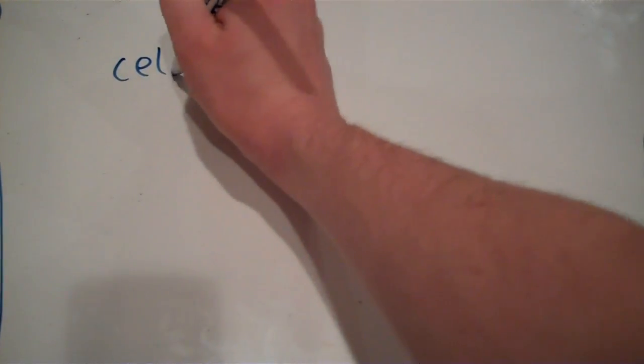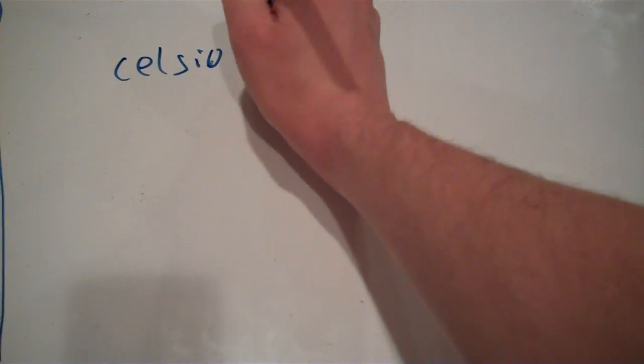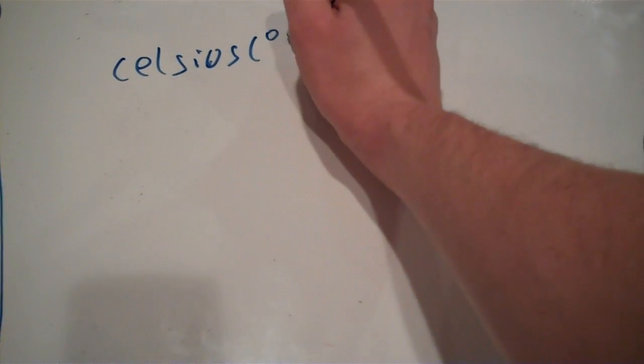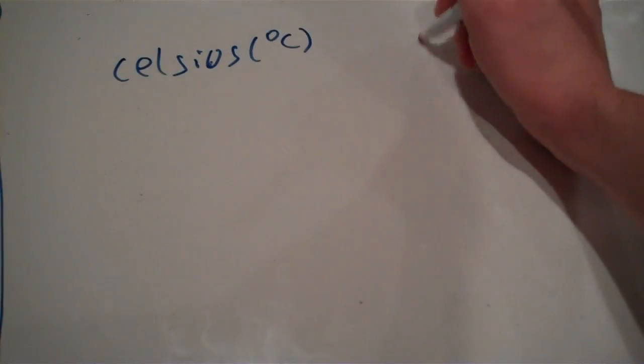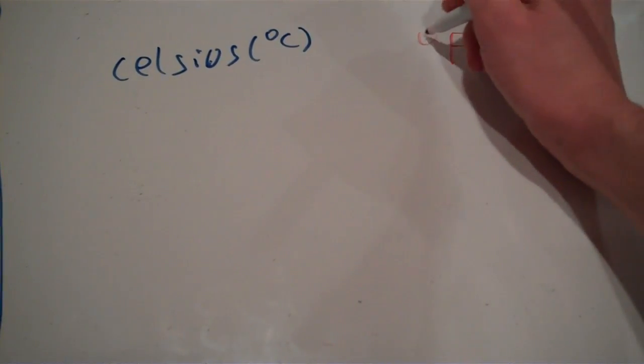Alright, now the next thing that I'm going to talk about that the metric system measures is temperature. And temperature is measured in degrees Celsius, which is abbreviated with the little degree symbol and a C for Celsius. Now, degrees Celsius is the metric system replacement for the imperial degrees Fahrenheit.